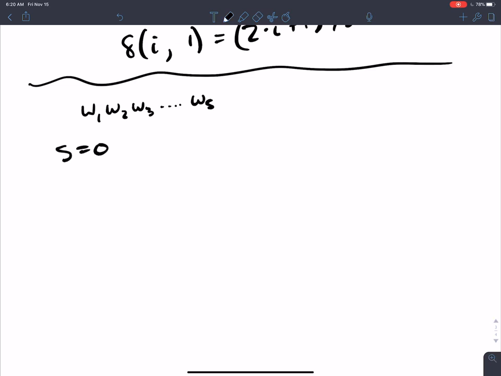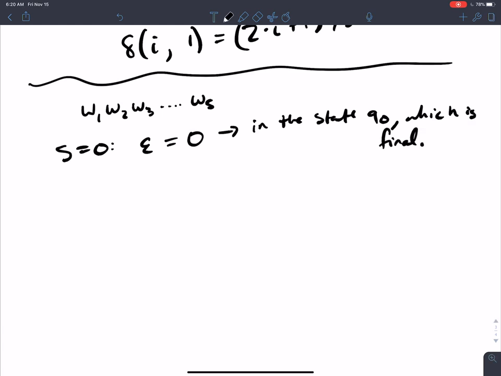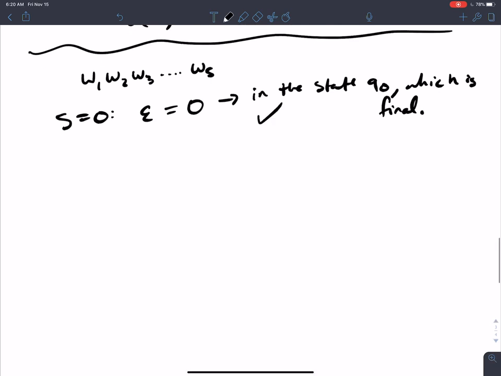So s equals 0, so the empty string represents 0. So we are in the state Q0, which is final by definition. And we want this because 0 is a multiple of any number. So this is good here.